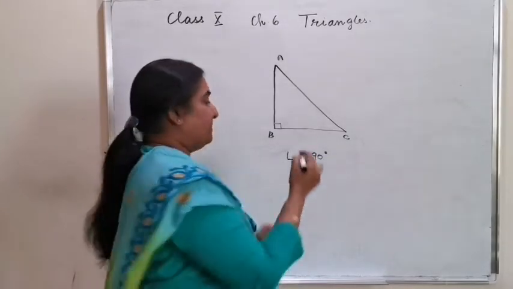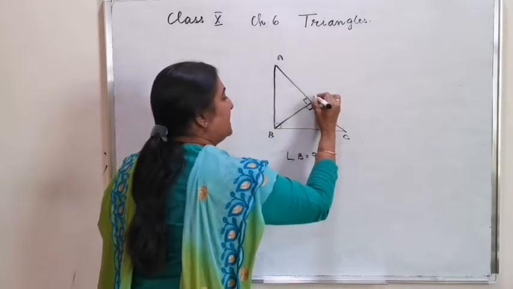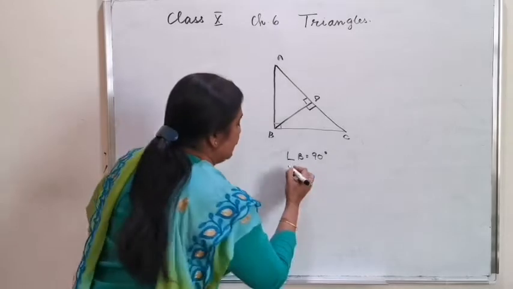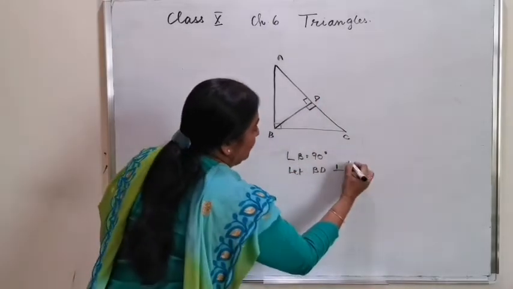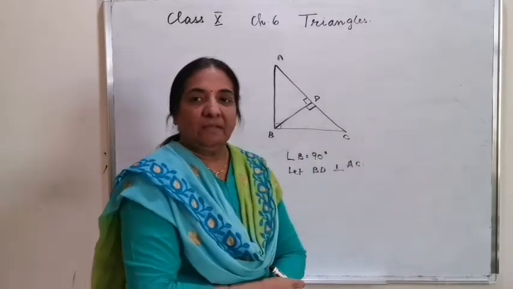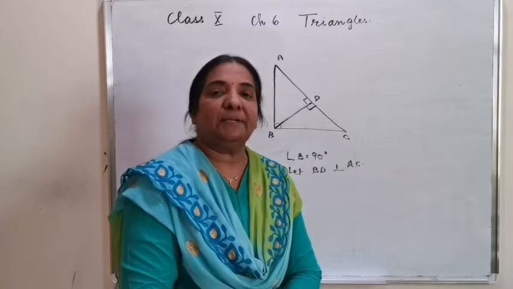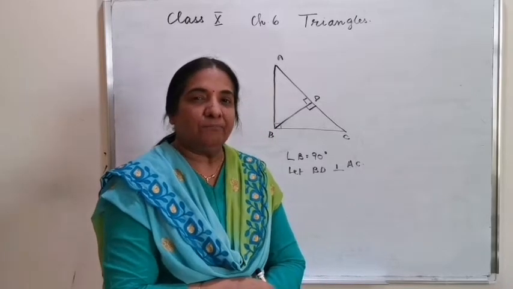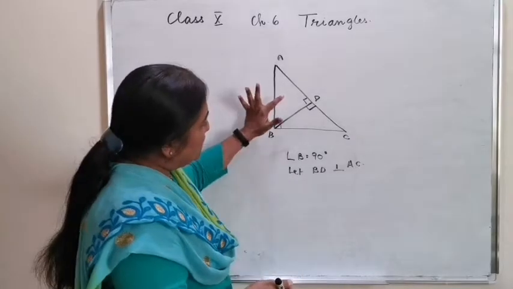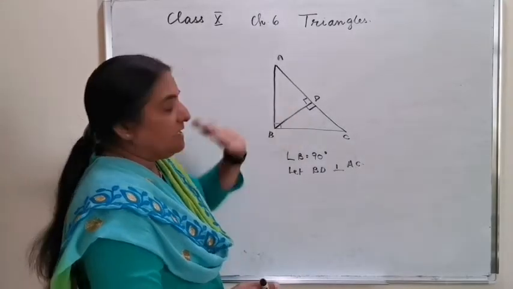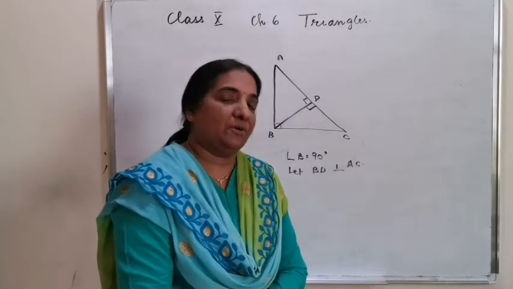Through angle B, let BD be a perpendicular, that is, let BD be perpendicular to AC. You have taken a right triangle and a perpendicular through the right angle. Now, what will happen to the two triangles on either side of the perpendicular? That is what we are going to prove.